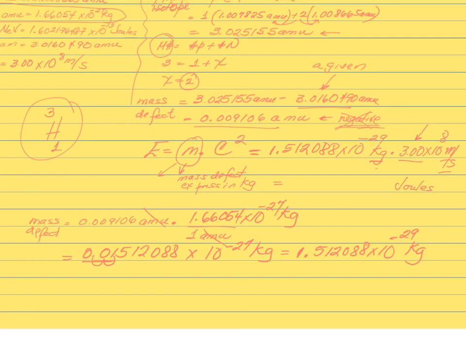That's why you need the mass in kilograms. So I multiply my mass times 3.00 times 10 to the 8 squared, and I get 4.54 times 10 to the negative 21 joules, with only 3 significant figures.